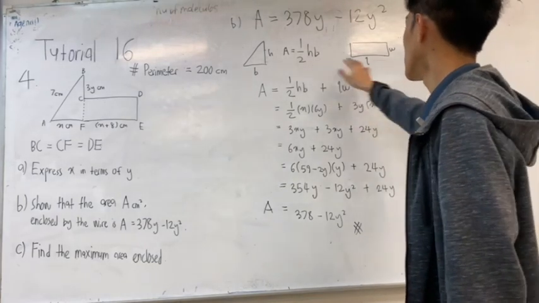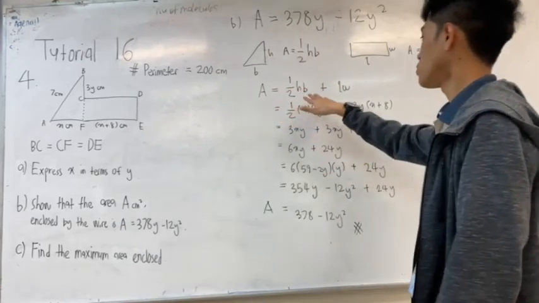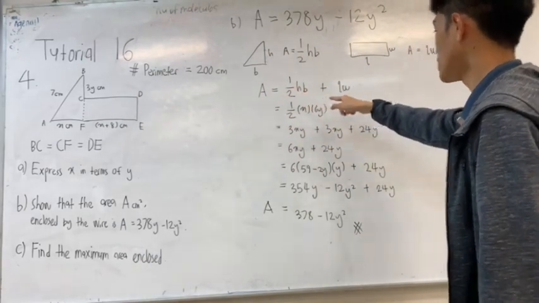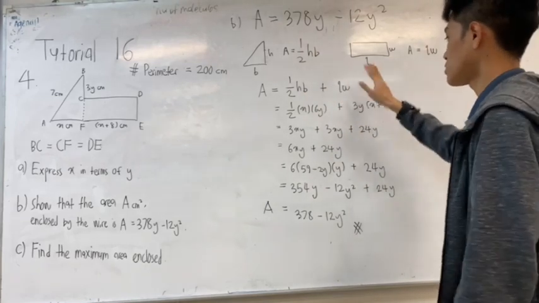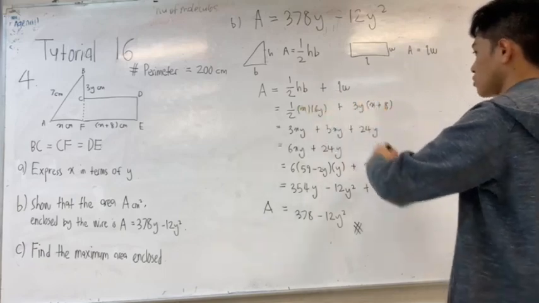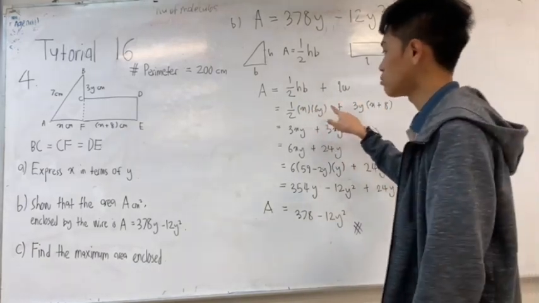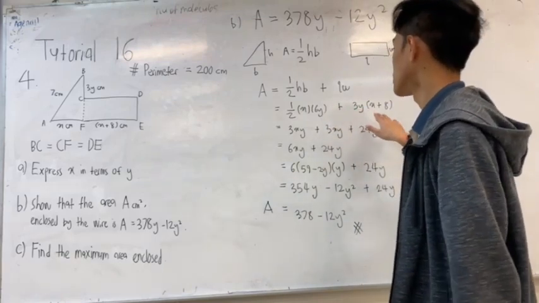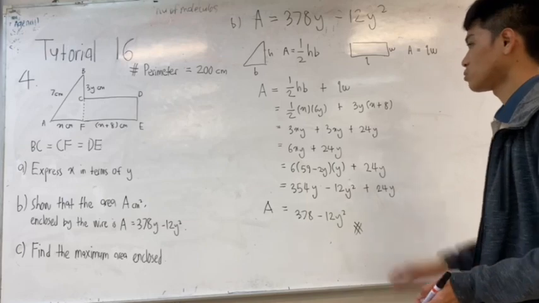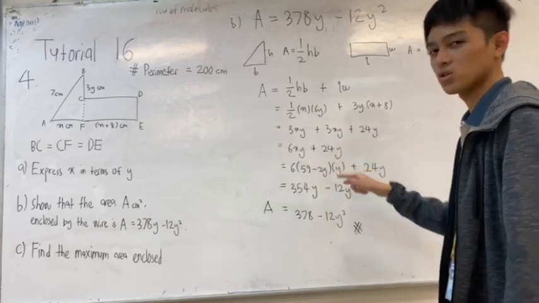We can find the values from this shape. First of all, we need to write the equation for the area, which is 1/2 hb plus lw for both shapes, and then substitute the values into the formulas. So for the triangle, 1/2 times x times 6y, plus, for the rectangle, 3y times x plus 8. So simplify everything, and you will get 6xy plus 24y.